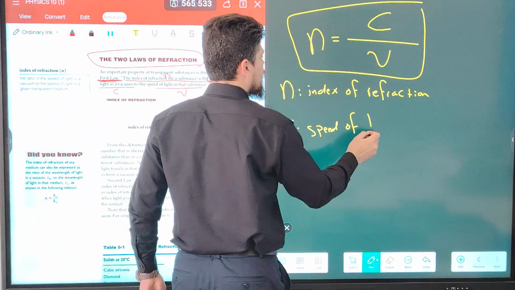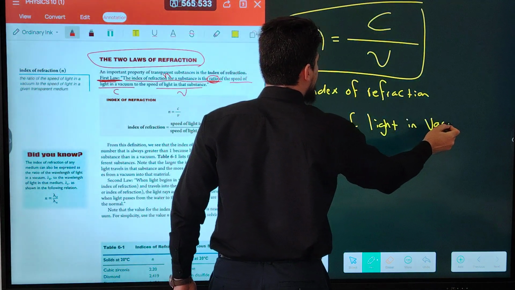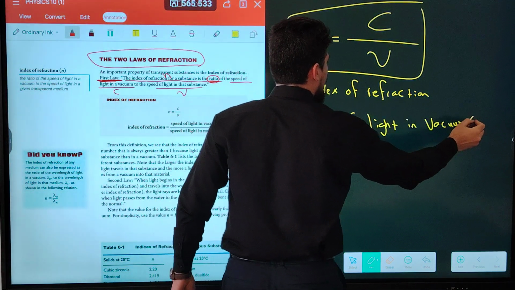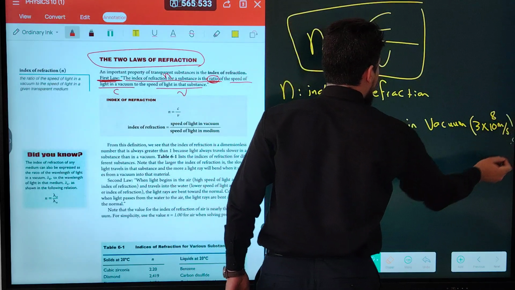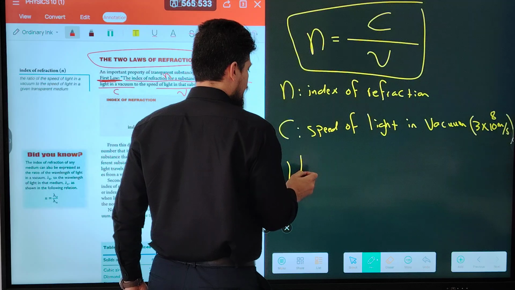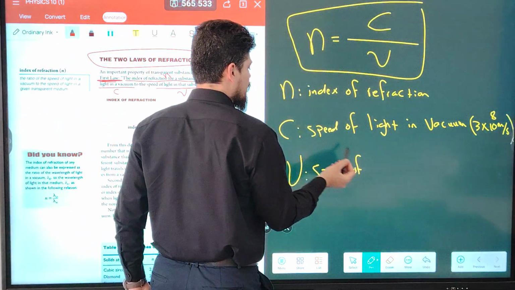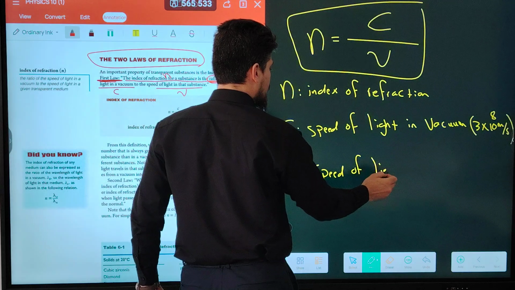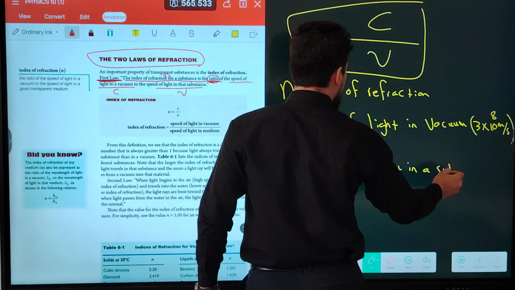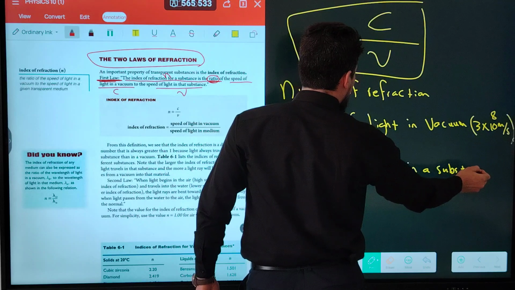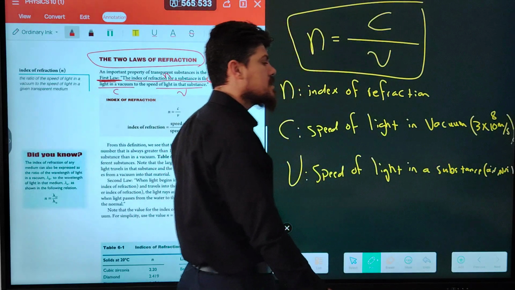The speed of light wave in vacuum, which is constant, 3 times 10 to the power 8 meters per second. v is also a speed of light, but in a substance, such as air, water, or glass.